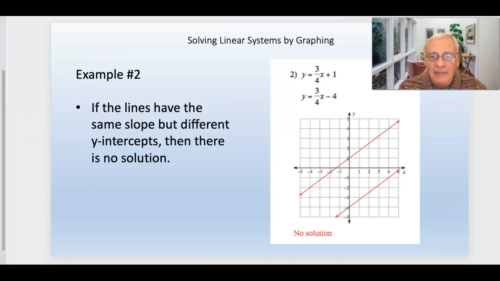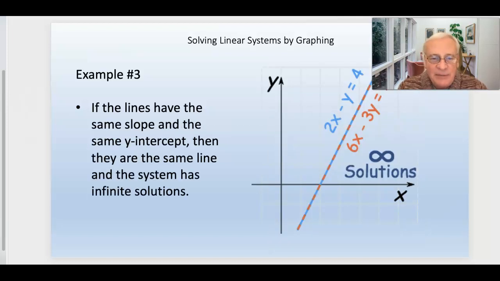If the lines have the same slope but different y-intercepts, then there is no solution. They have the same slope, so they're parallel lines, but they're not one on top of the other. They're two different lines that just have the same slope. There is no solution.